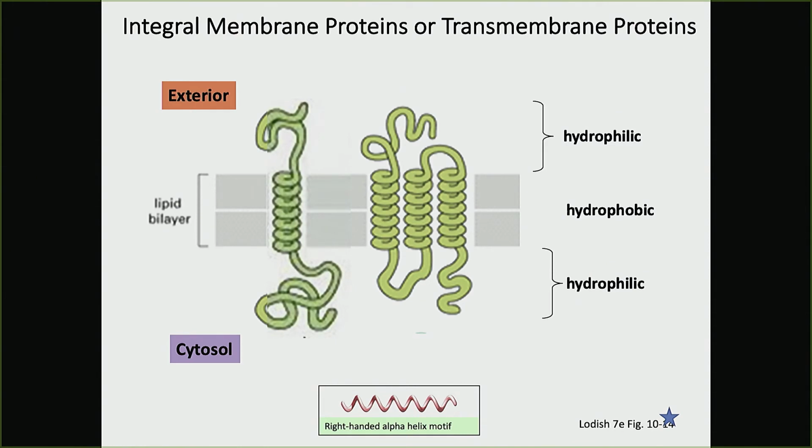One property the amino acids in that domain have to have: if you remember from your biochemistry, there are many different ways to classify the 20 amino acids. They could be polar, non-polar, acidic, basic, but also hydrophobic or hydrophilic. In order to pass through the core of the membrane, they have to be hydrophobic.